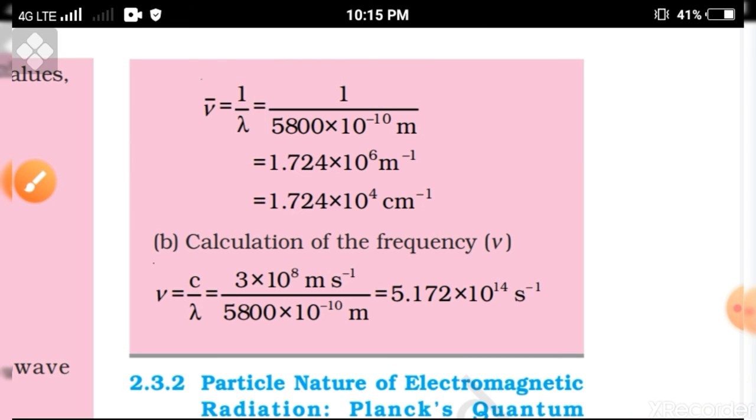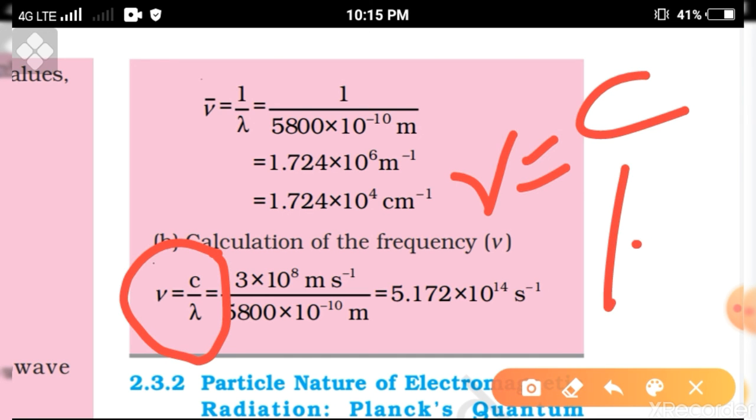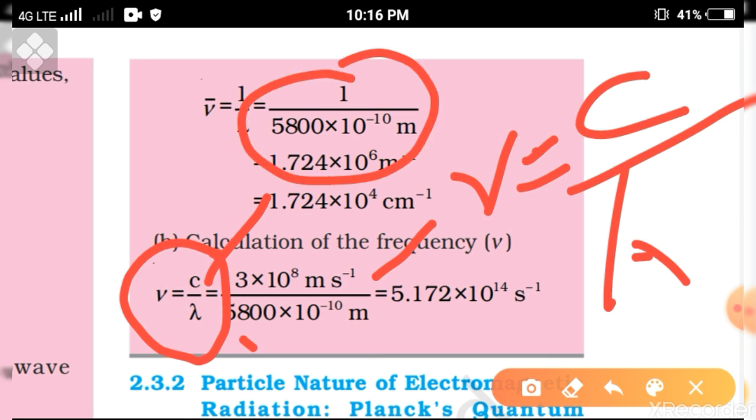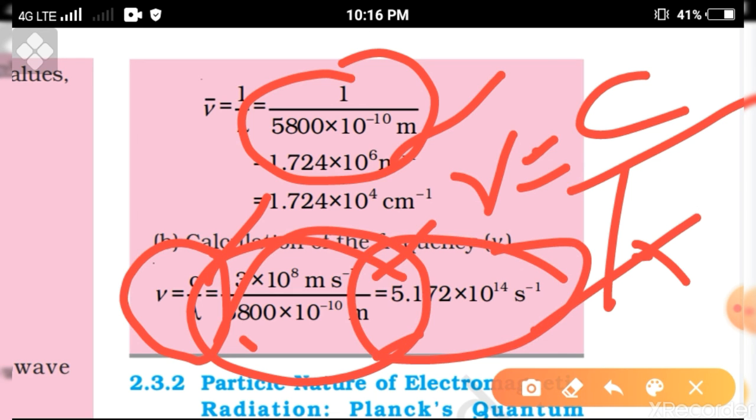Second, we have to find the frequency. Frequency nu equal to c by lambda. c is 3 into 10 to the power 8 meter per second, and lambda is given in the question as 5800 angstrom, meaning 5800 into 10 to the power -10 meter. After the calculation, we get 5.17 into 10 to the power 14 per second.